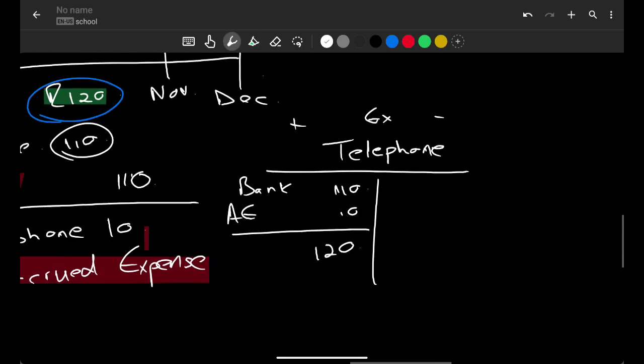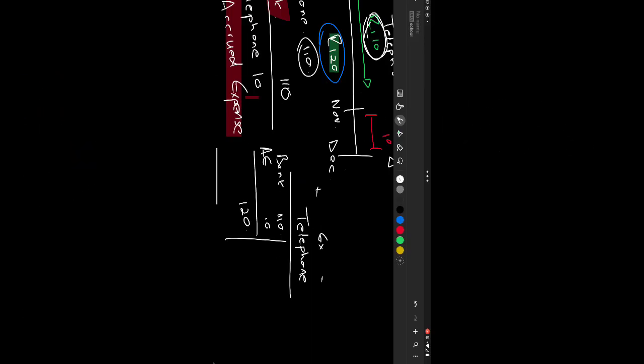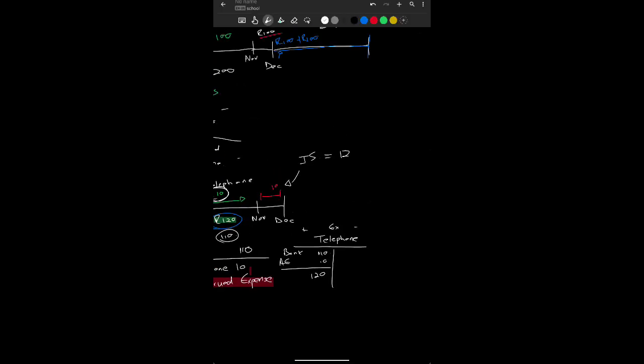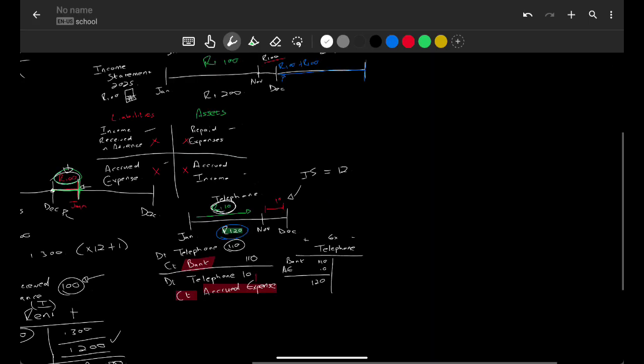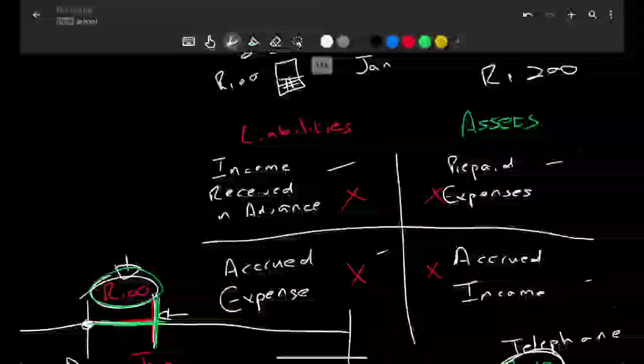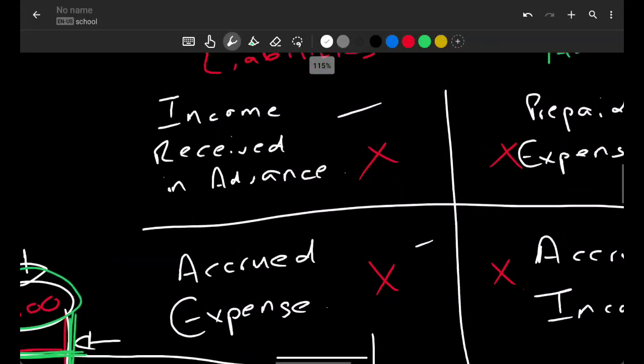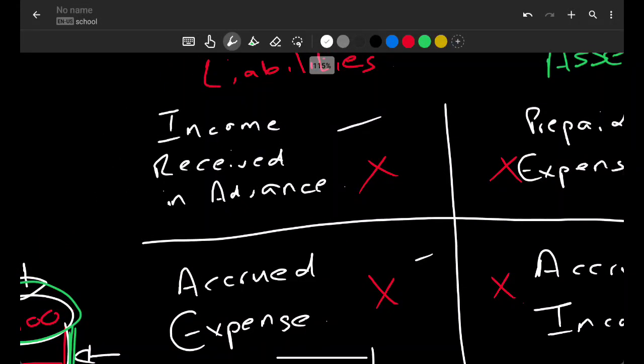Do you see that? Then in the following year, because this is a liability, and remember it's a short-term liability. These two liabilities are short-term liabilities. So a short-term liability is a liability that you create by the end of the year, but come the following year you're going to pay it off.